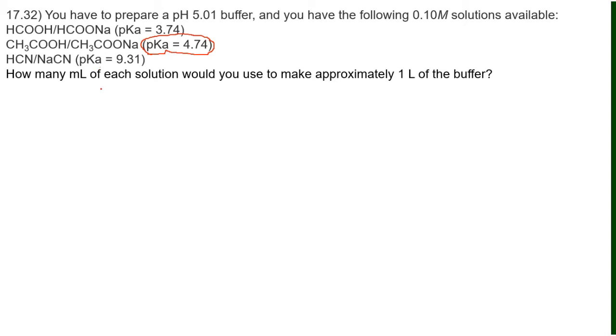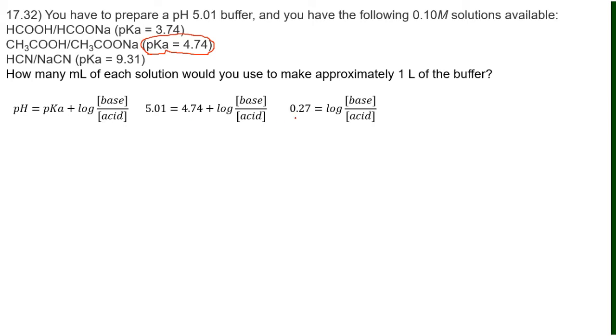So the first thing we need to do is find out what that ratio is. If we use the Henderson-Hasselbalch equation, pH equals pKa plus the log of the concentration of base divided by the concentration of acid. They give us the pH, we know the pKa, so simply subtract the pKa from pH and we get 0.27 equals the log of the base divided by the concentration of acid.